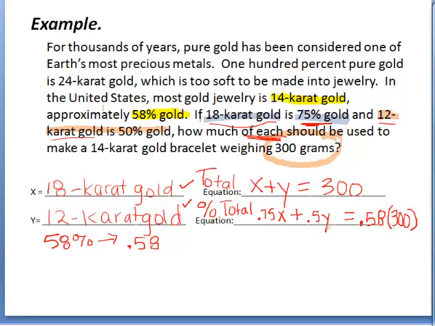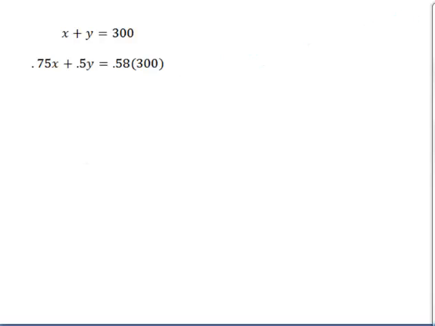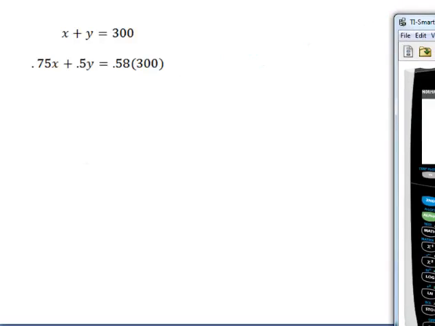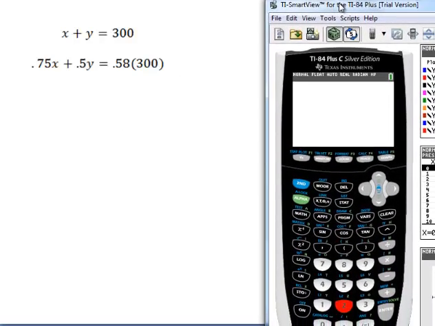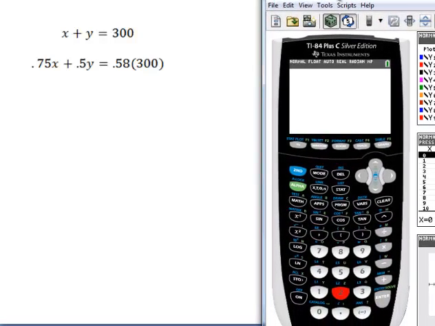So I've got the equations written, and I'm going to go to the next screen because I want to pull in my calculator. Here's my calculator. Hopefully you can see all of that on your screen. Here are my equations. Now what I'm going to choose to do is use my matrix equations to solve this. If you remember your matrix equations, the first thing you have to do is make sure that your equations are in standard form, which they are.